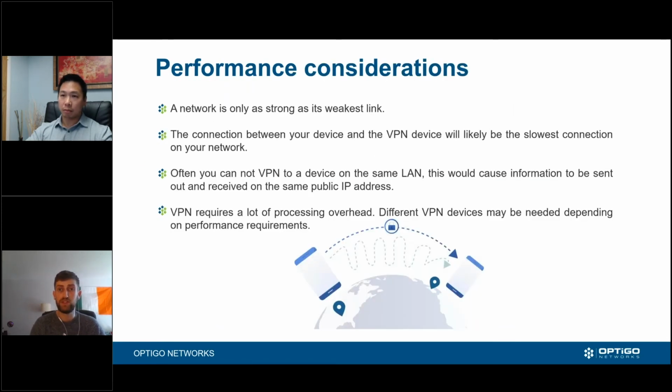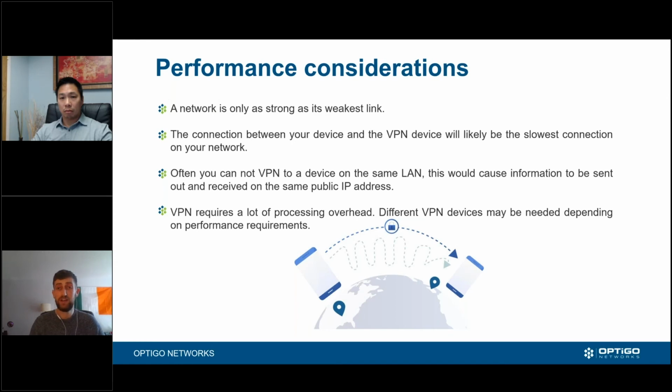And then performance considerations. One thing to be aware of, as Ping had mentioned previously, is that if you have a fiber running, there are a lot of means to have a much faster connection. But if you are going over public wires and public connections, that is more than likely going to be the limiting factor in your speed. As with all networks, you can have the best connections running for 90, 95% of the path, but if you have one very slow connection, that's going to be what's stopping you.